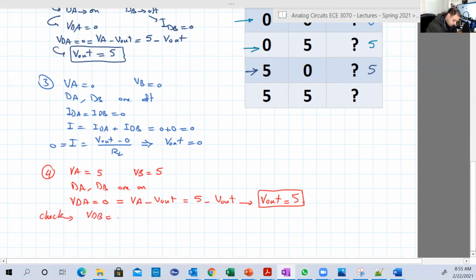VDB is 0 also because again, DB is on. This is equal to VB minus V out. 5 minus V out. Again, you're gonna get the same voltage. So at 5, 5, we have an output of 5.